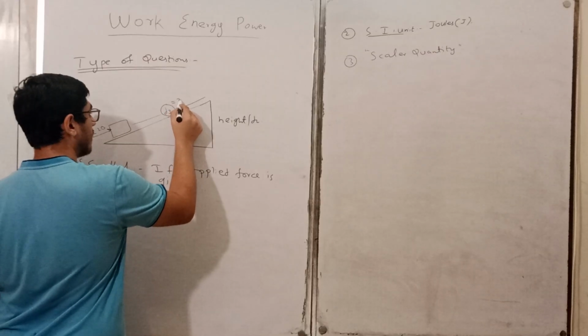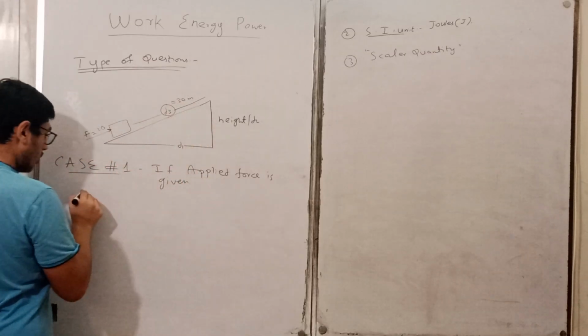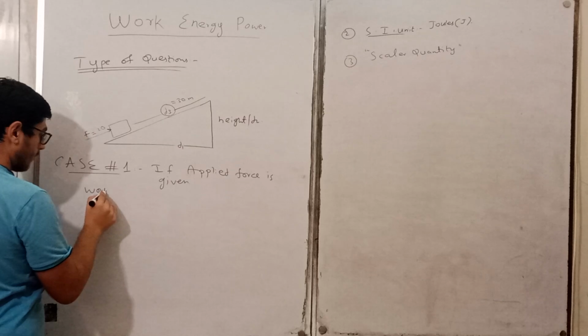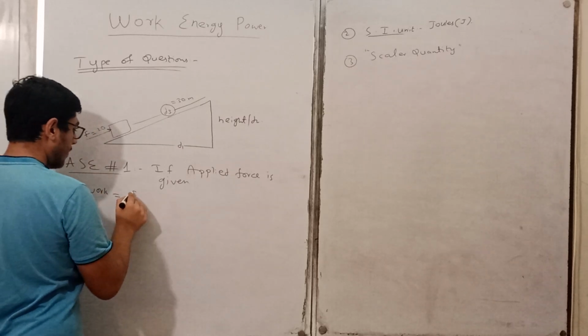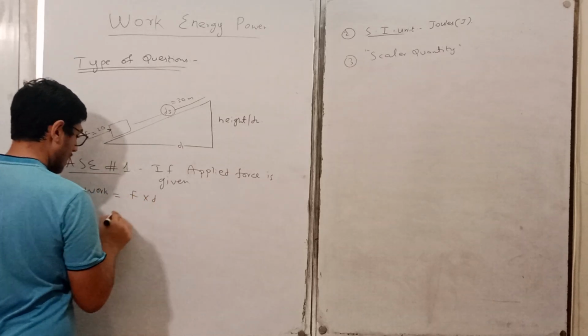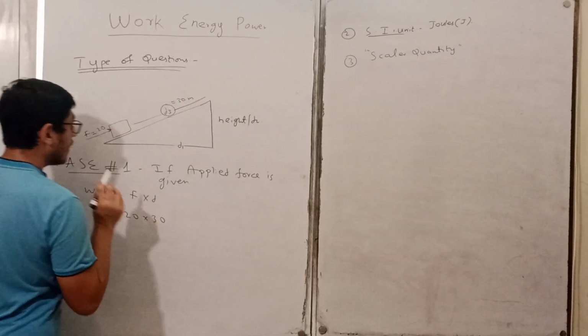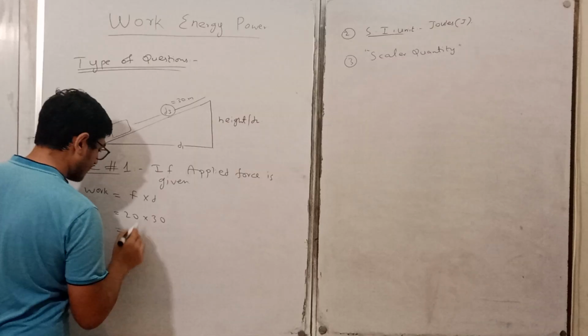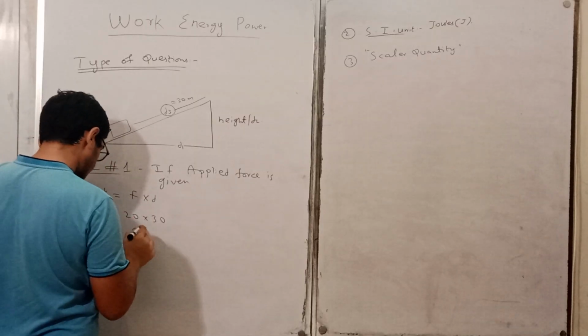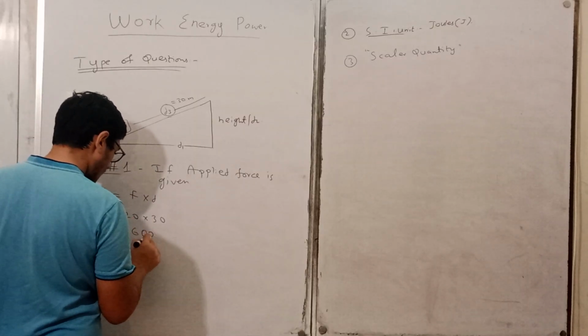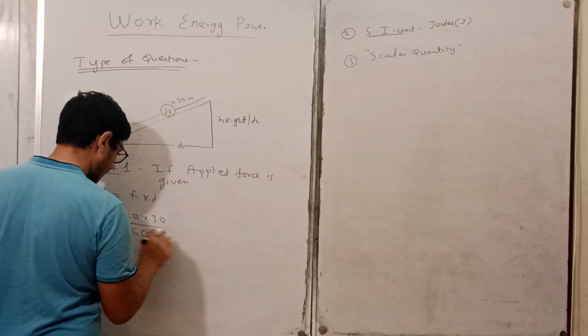Let's say it is 30 meters. So in order to calculate work done, it will be F into D, that is 20 multiplied by 30, which will be equal to 600 joules.